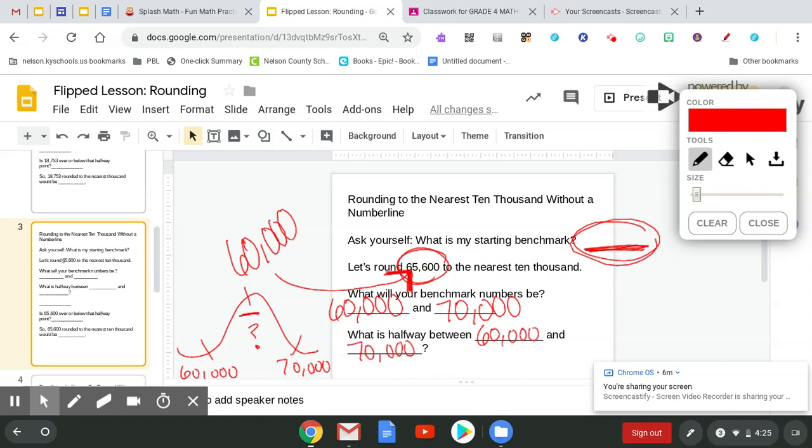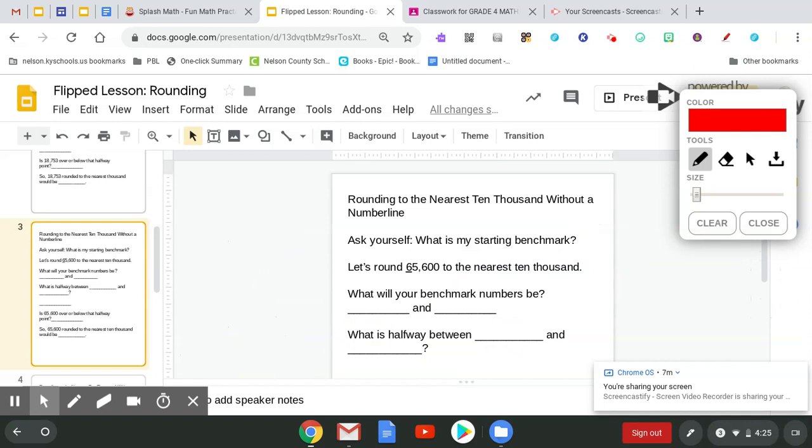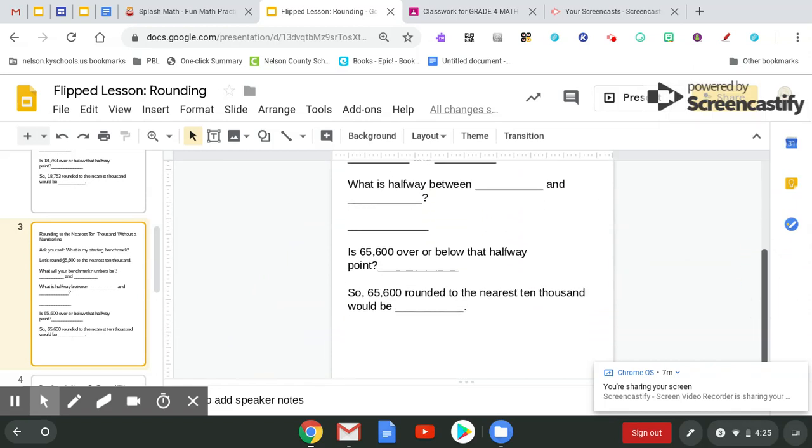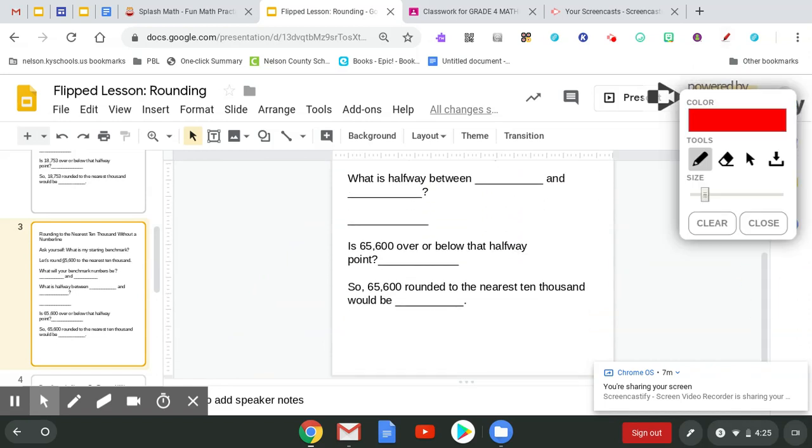I have to clear my ink again, maybe. So halfway between 60,000 and 70,000 would be 65,000.